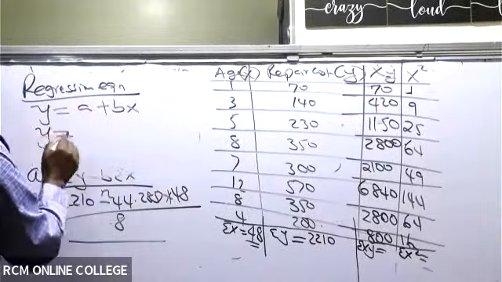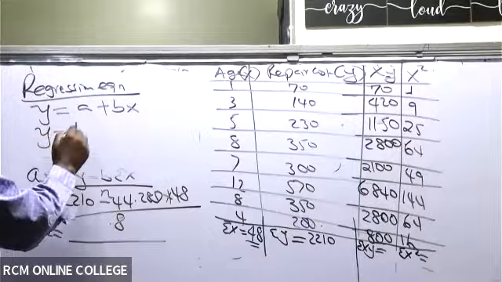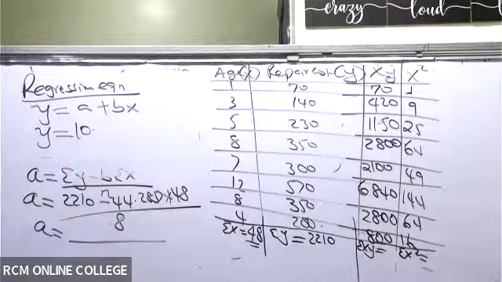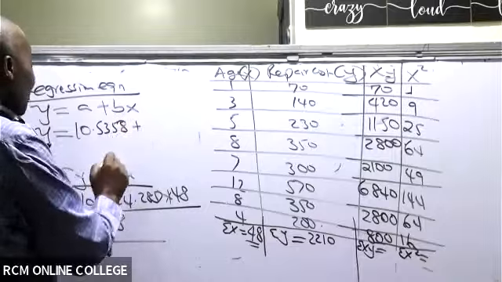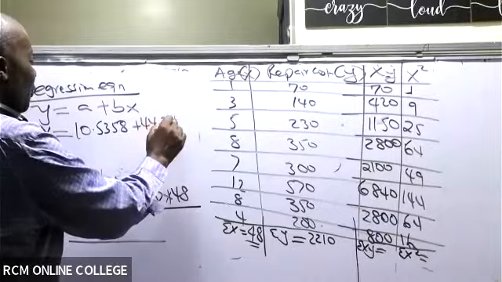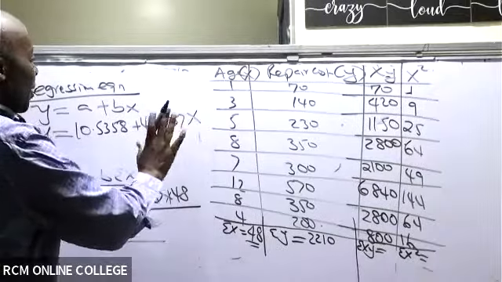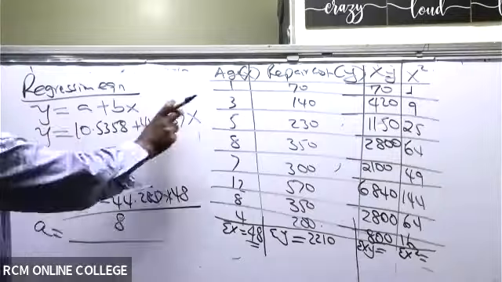So my y will be equal to a, which I remember was 10 point something, 10.5358, plus b, which is 44.2857 x. Remember, the regression equation gives us the connections between the dependent variable and the independent variable.